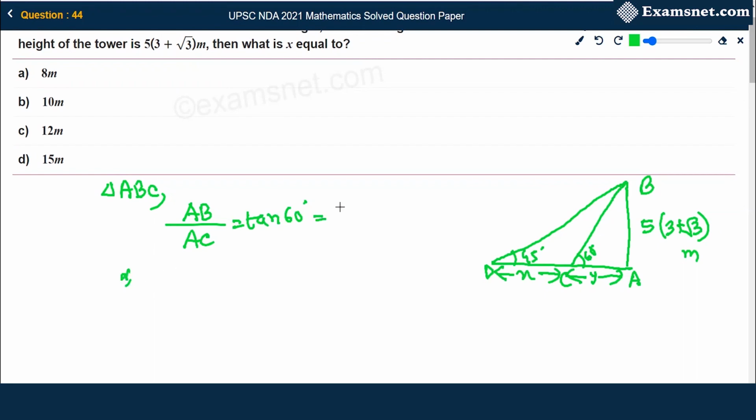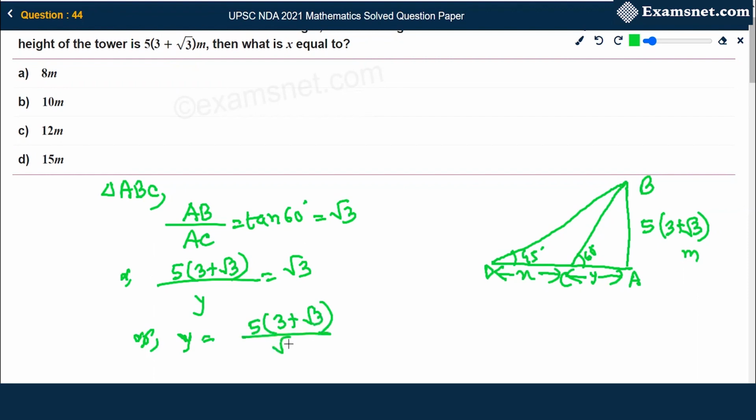And we already know tan 60 degrees will give us the value root 3. So here 5 times (3 plus root 3) equals AC times root 3. So we can write the value of y as 5 times (3 plus root 3) by root 3 meters.